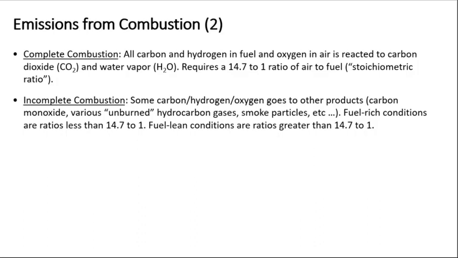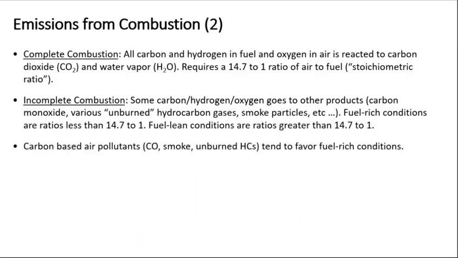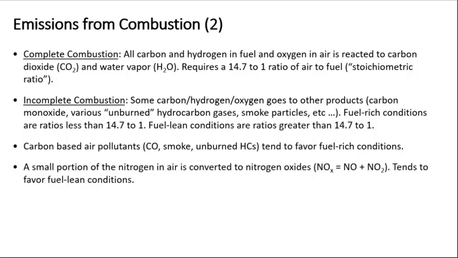In fuel-rich conditions, since there is excess fuel, there tends to be other carbon products besides CO2 produced, specifically carbon monoxide, smoke, and unburned hydrocarbons. In fuel-lean conditions, there is more excess air and generally higher combustion temperatures, which tends to favor higher NOx production and little, if any, CO, smoke, and unburned hydrocarbons.